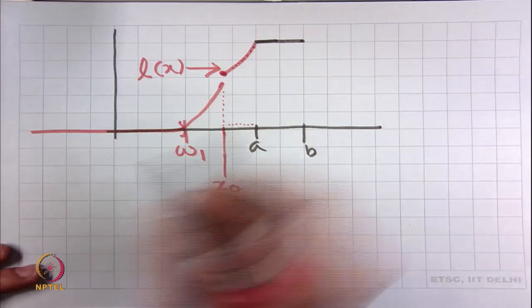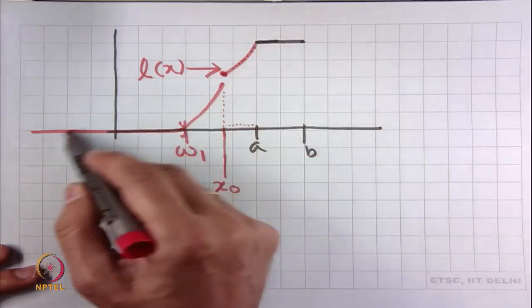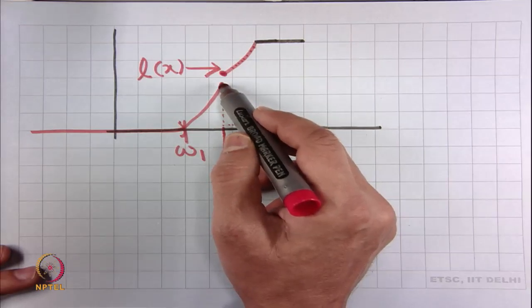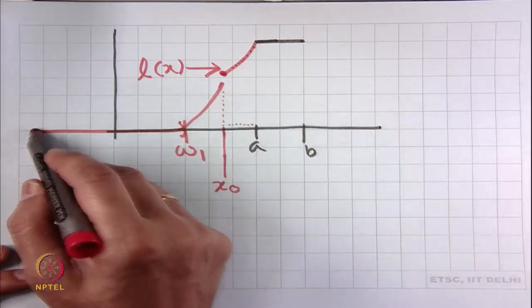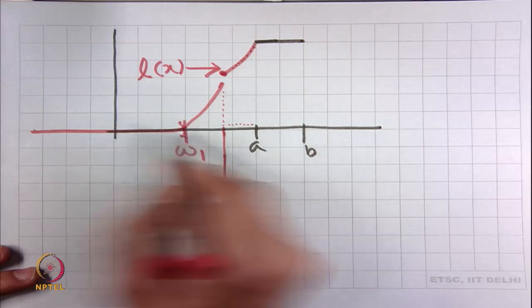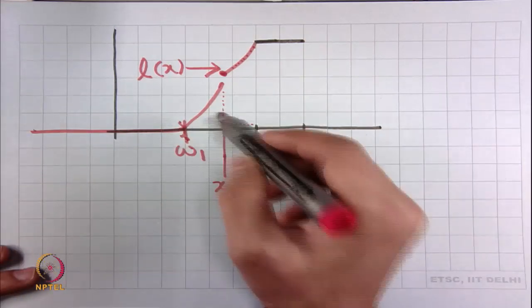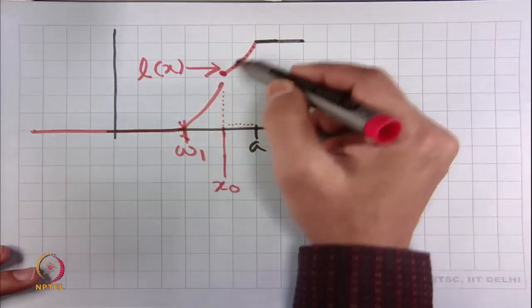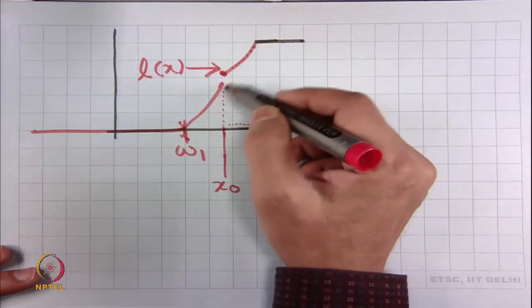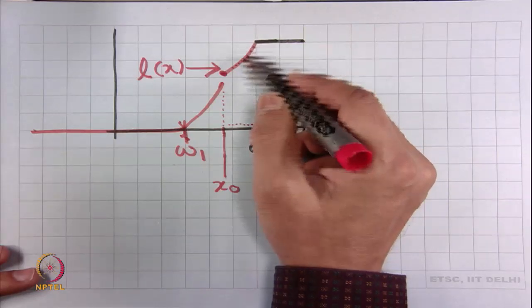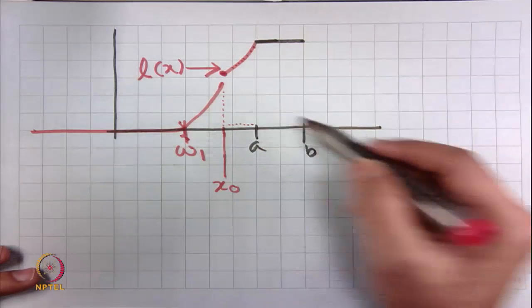What are these? It is a monotonically non decreasing function. It has to be 0 in the interval minus infinity to W1, and between W1 to A it is monotonically non decreasing, but it is right continuous.